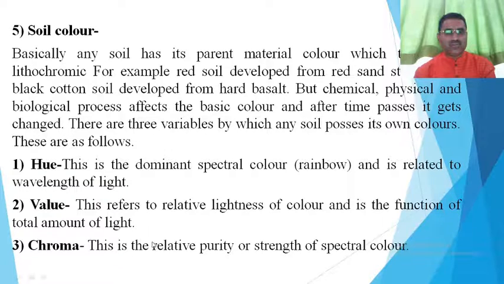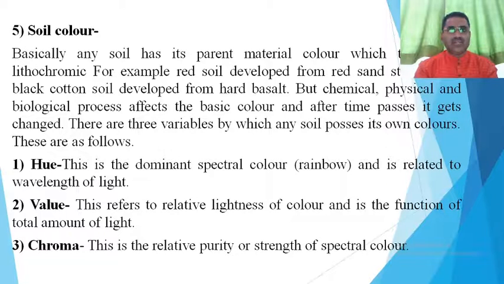Next is value. This refers to the relative lightness of color and is a function of the total amount of light. And the last one is chroma. This is the relative purity or strength of the spectral color. These three factors again act after the fragmentation or disintegration of rocks, and then the soil possesses a color.